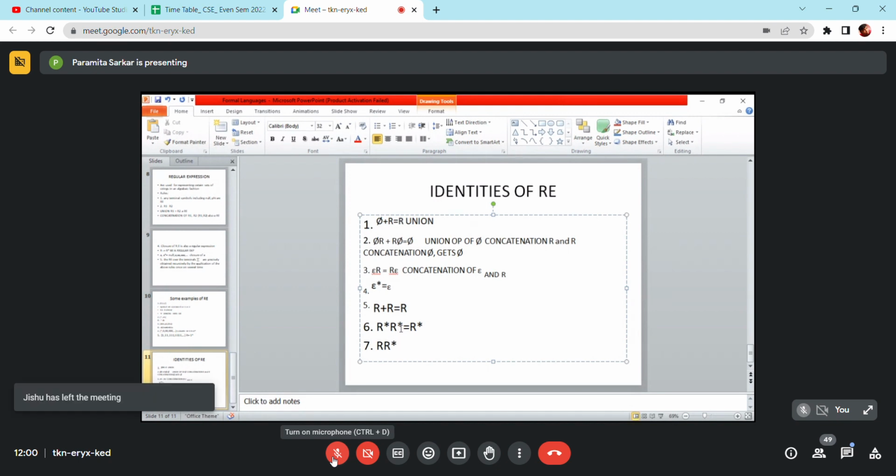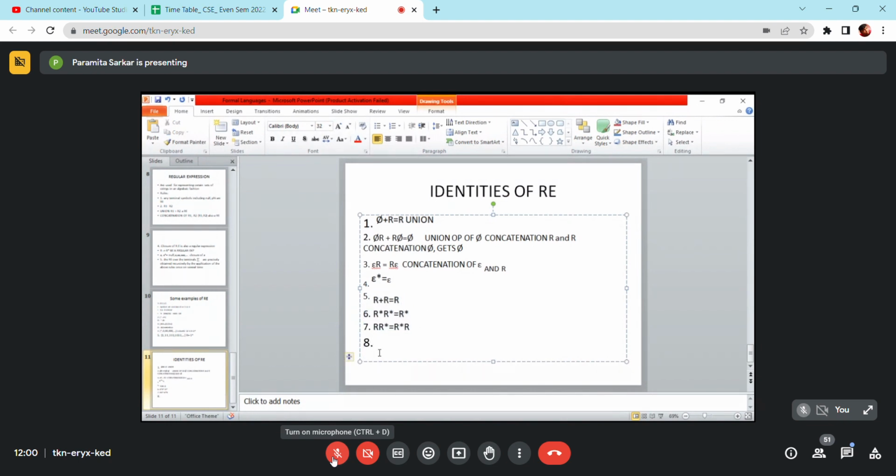The union of R and closure of R is nothing but the union of closure of R and R. Next, closure of R, closure of R, what do we get? Nothing but closure of R. We don't need to prove how they come.